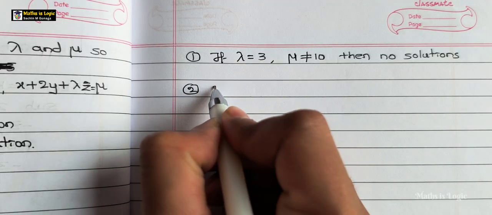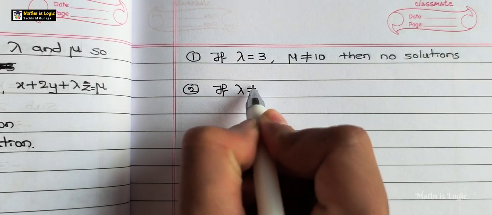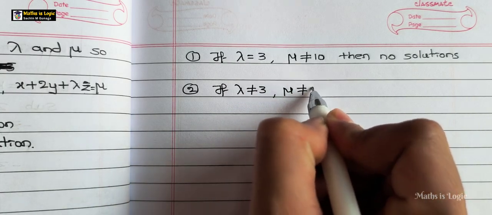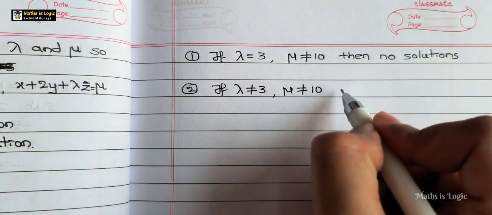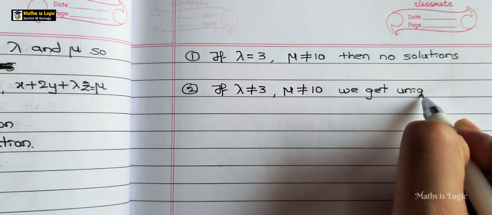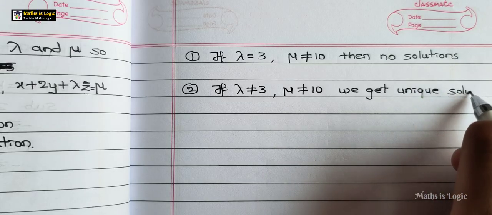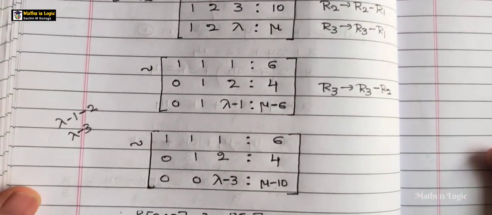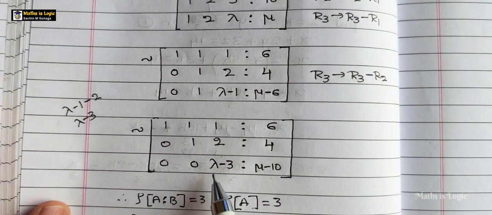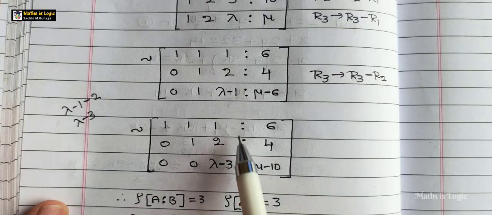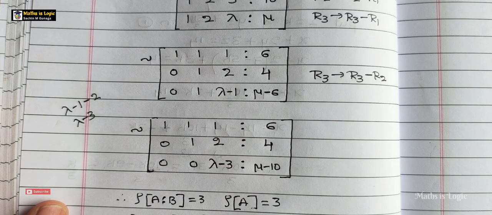Next, second one: if lambda value is not equal to 3 and mu value is not equal to 10, we get unique solution. If you take lambda not equal to 3, some other value, then rank of the coefficient matrix becomes 3.